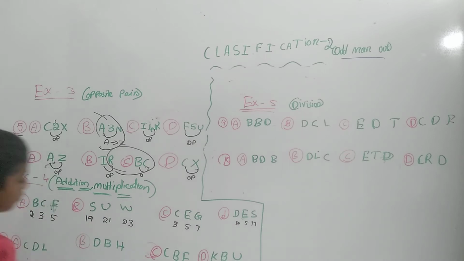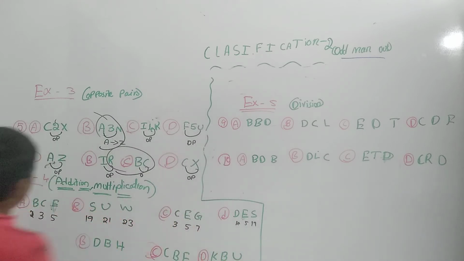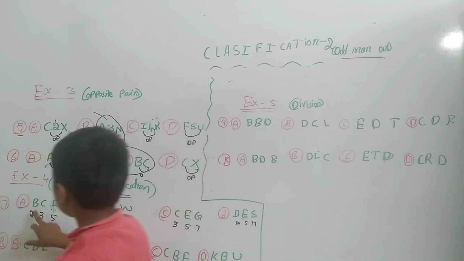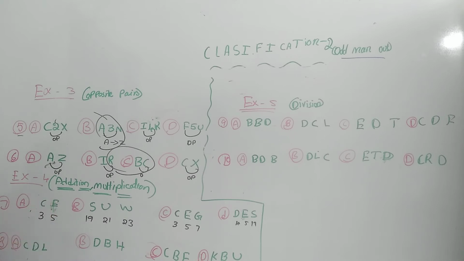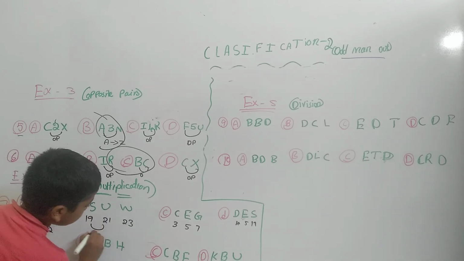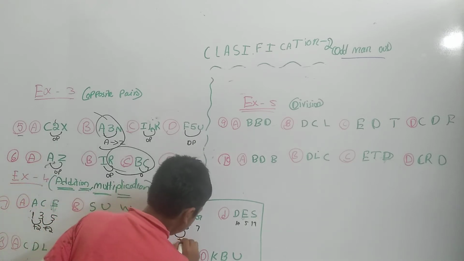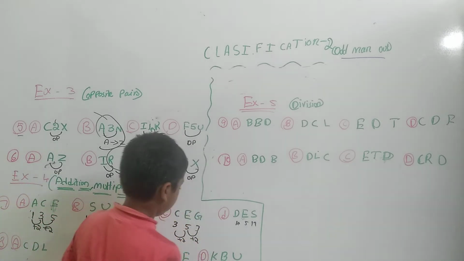Okay, 2, 3, 5, 19, 21, 23, 3, 5, 7. Here we will see, we do plus 2, plus 2, plus 2, plus 2, plus 2, plus 2.